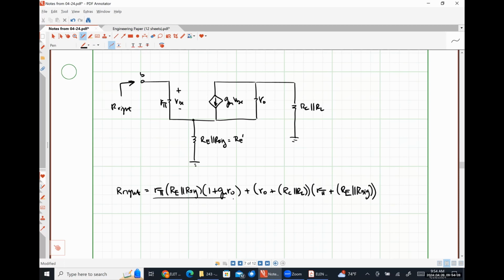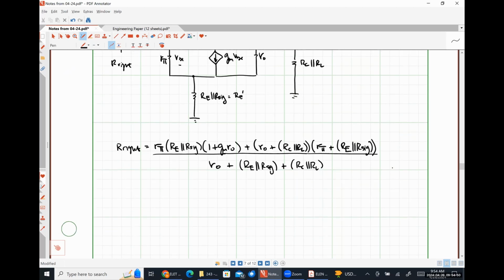All of this is divided by R naught plus RE prime, so RE in parallel with R sig, plus RC in parallel with RL.